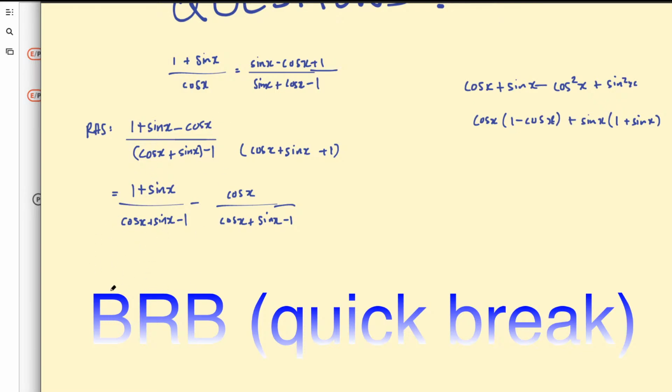I'm just going to separate this one out. So this will be 1 over cosine x plus sine x, take 1, plus sine x over... I mean, I could have done this straight away. I didn't need to do the middle step.